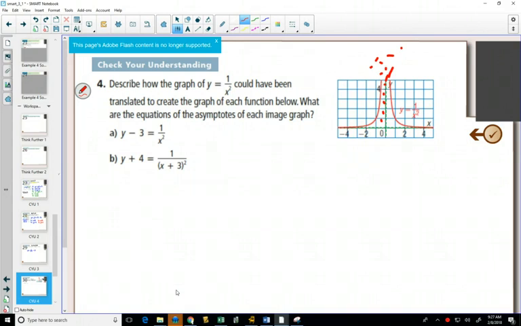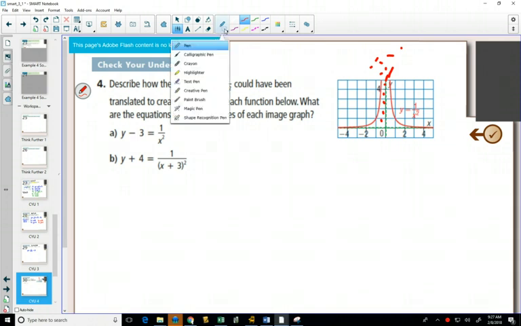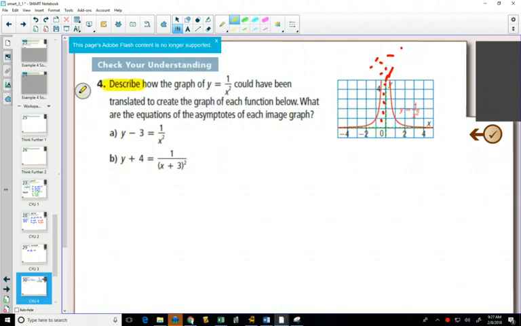So what we want to do is, big key word here, describe how the graph could have been translated to create each of the graphs below. I'm highlighting the word describe because there are 2 words on the final exam. They actually put this on your formula sheet.